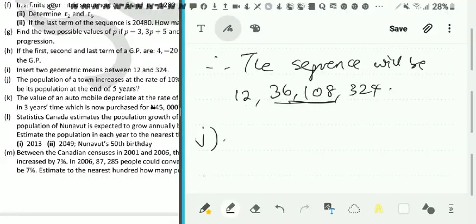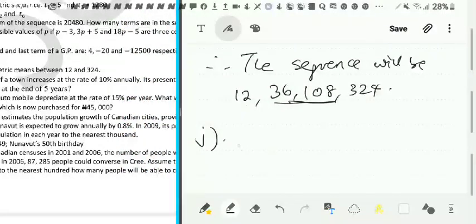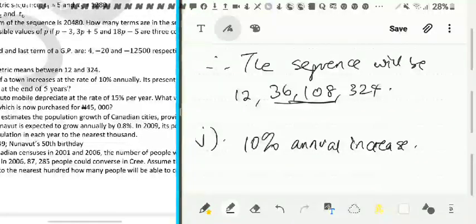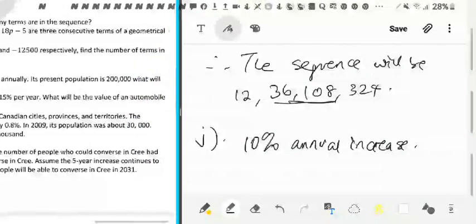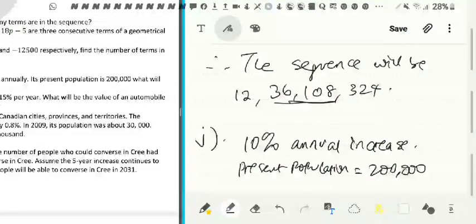All right, let's look at this question. The population of a town increases at the rate of 10% annually. Its present population is 200,000.